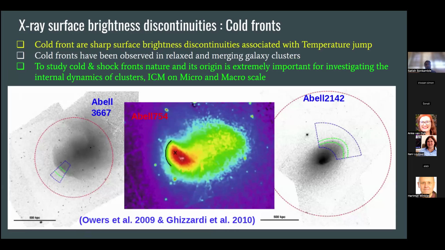So another excess brightness feature seen in Chandra images is the cold front. Cold fronts are surface brightness discontinuities associated with temperature jumps, and they are found in very relaxed and also dynamically merging galaxy clusters. Here we see a classical cold front example, where we can see the edges.